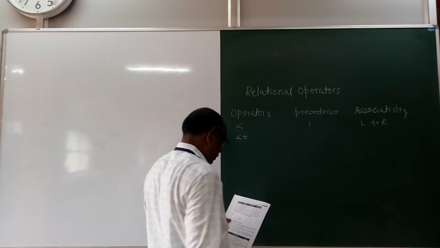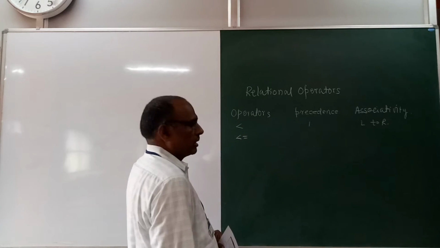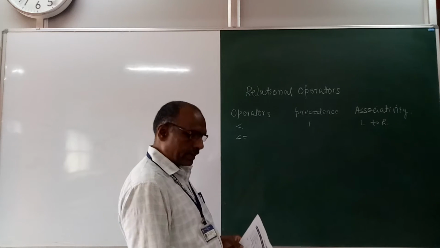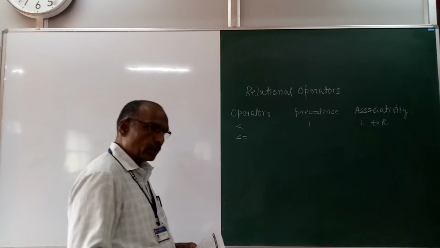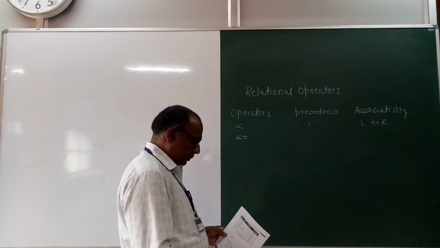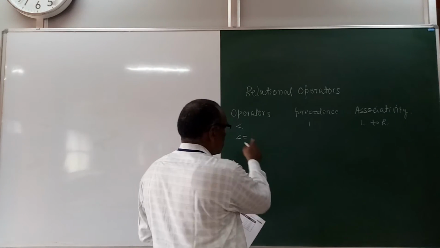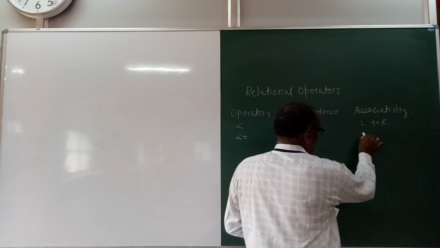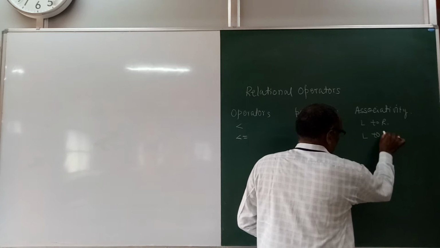The meaning is, because we are using these operators: less than or equal to, greater than or equal to, equal to, not equal to. So this less than or equal to, its precedence, priority is 1, and again it is left to right.